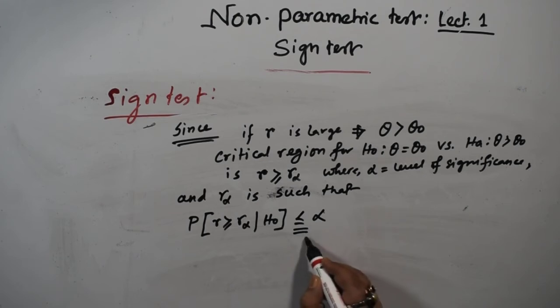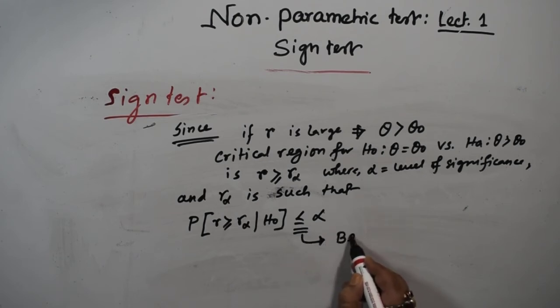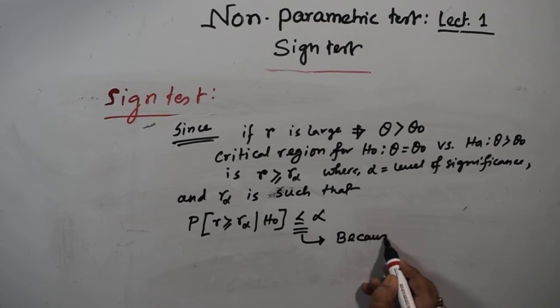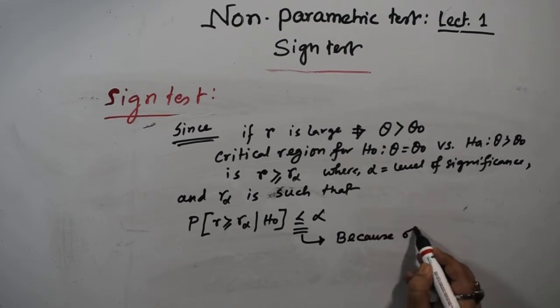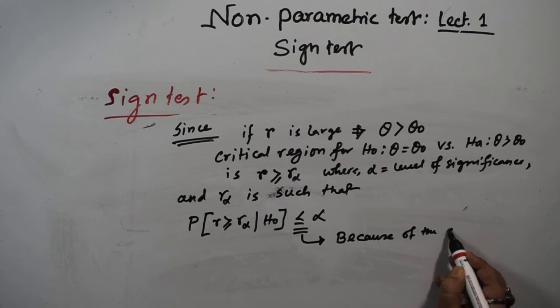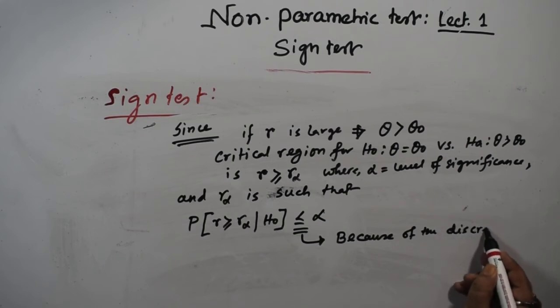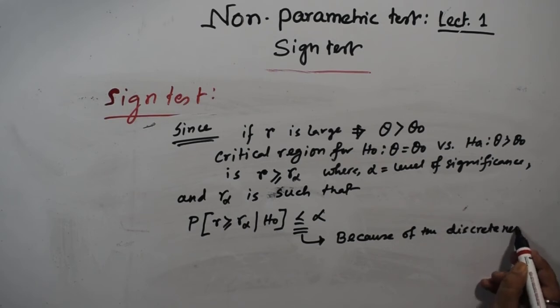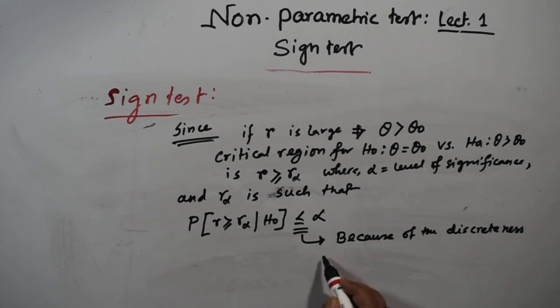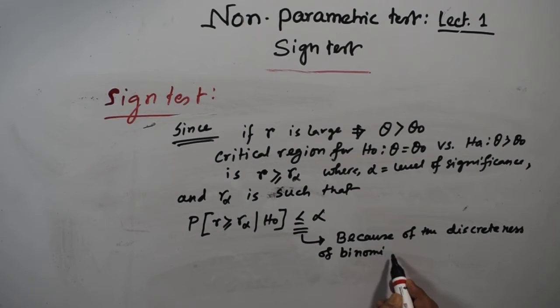This is because of the discreteness of binomial distribution.